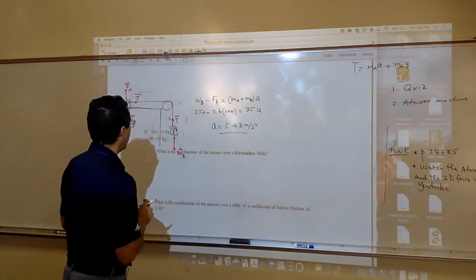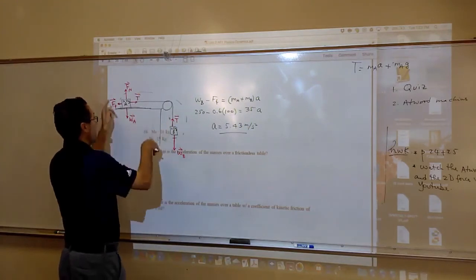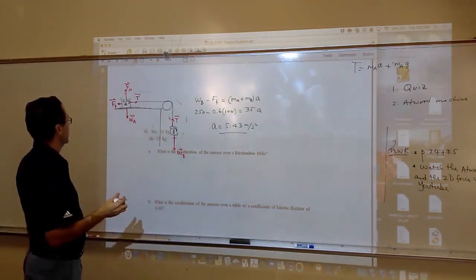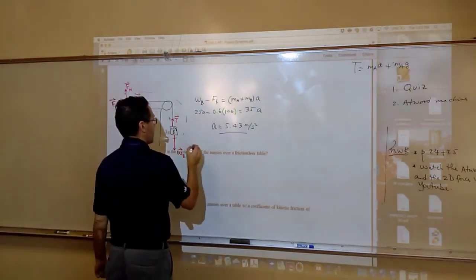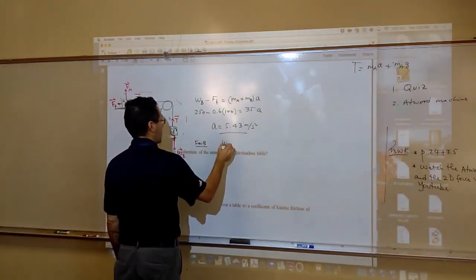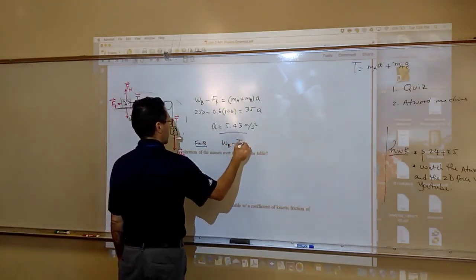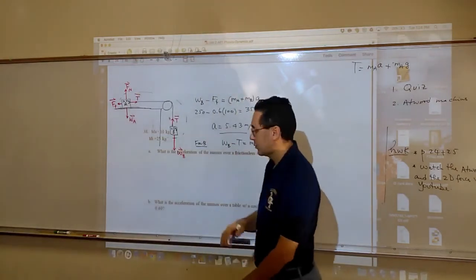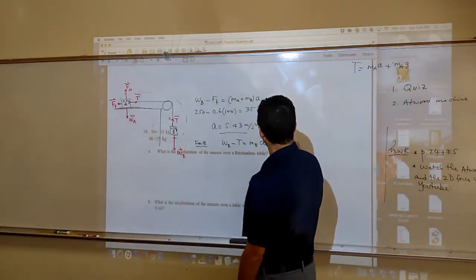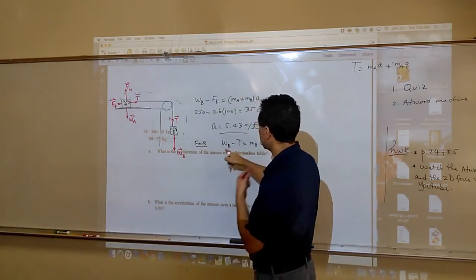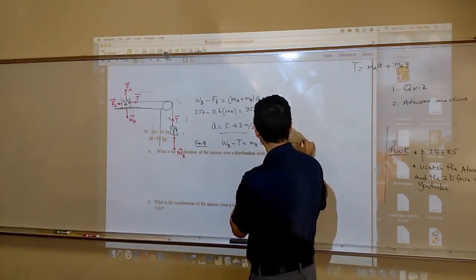Okay. Now, if I want to find the tension, I just pick one of the two. It doesn't really matter actually. So I'm going to pick B. For B, it's going to say WB minus tension equals the mass of B times the acceleration. This is with friction, which means WB is 250 because it's 25 times 10, minus the tension.